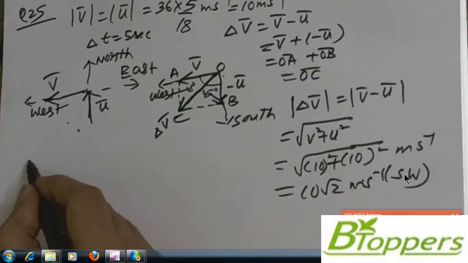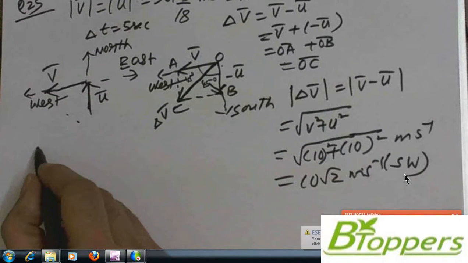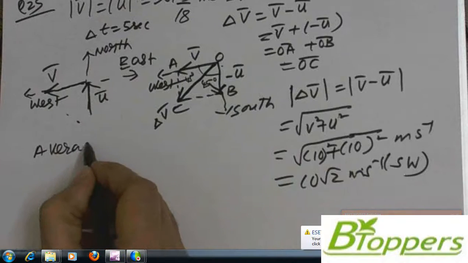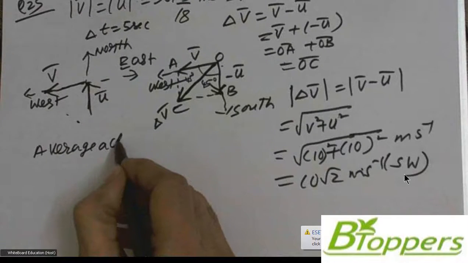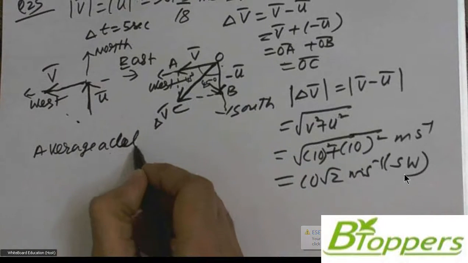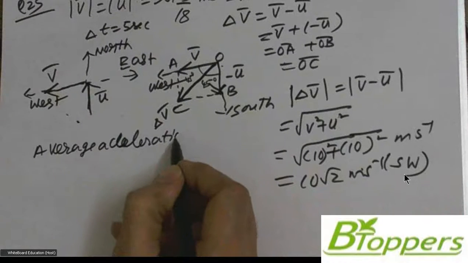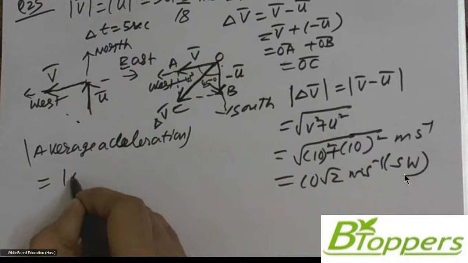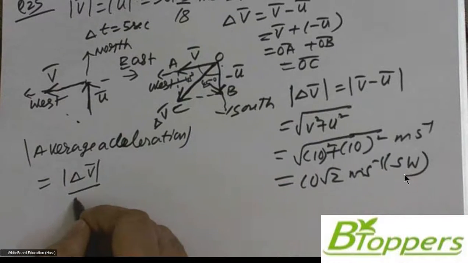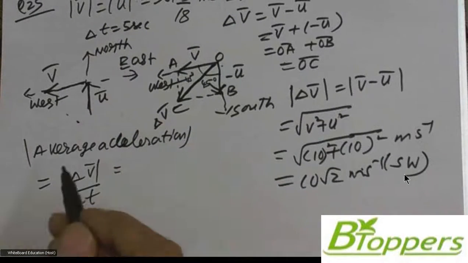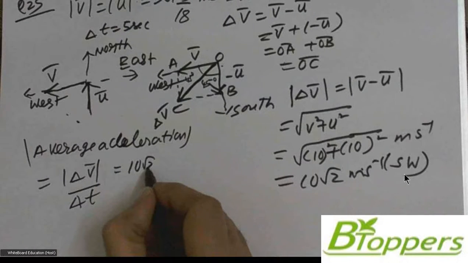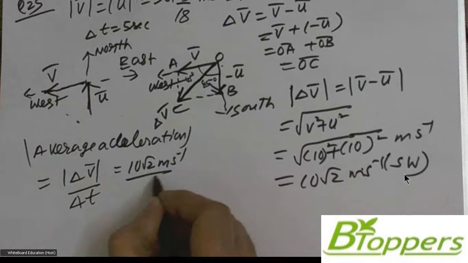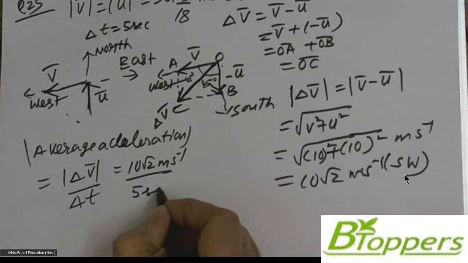So the average acceleration can be written as follows. The magnitude of the average acceleration is equal to the magnitude of the change in the velocity divided by the time interval. So that will be 10 root 2 meter per second by 5 seconds.